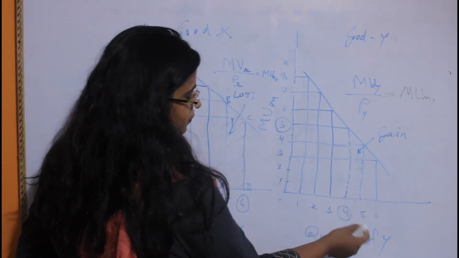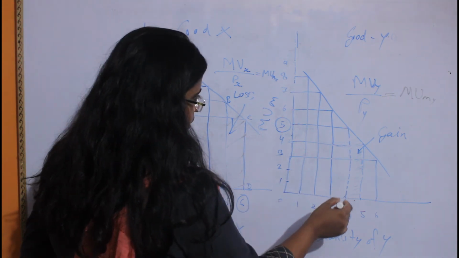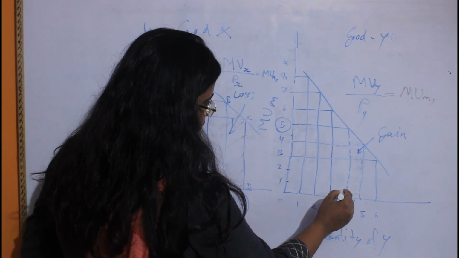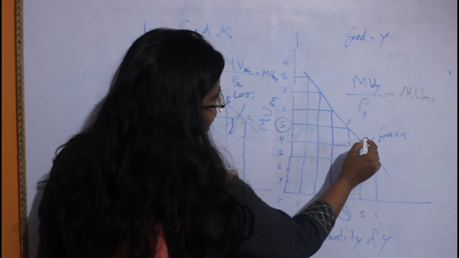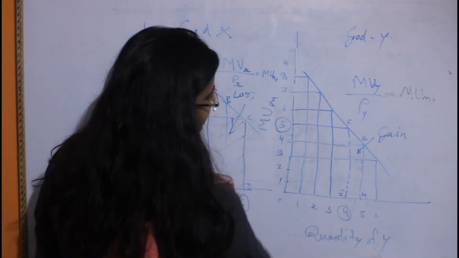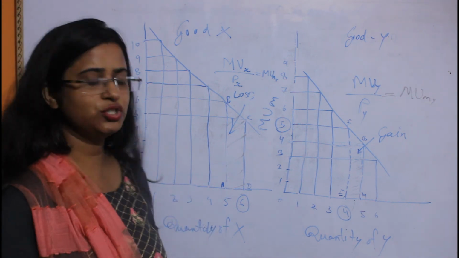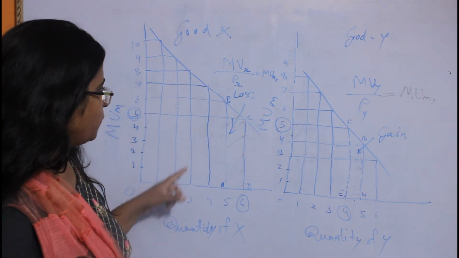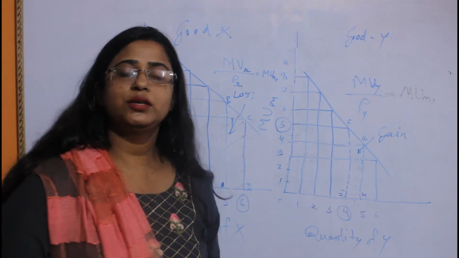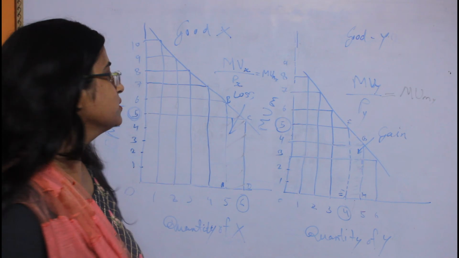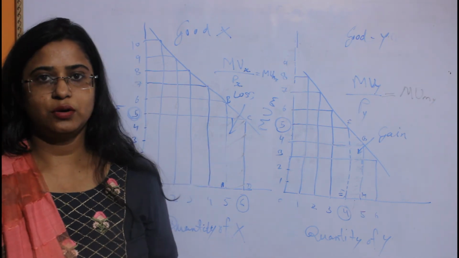So he will consume now 5 units of commodity X. So I will name it E, F, G, H. So the gain in his utility is E, F, G, H. So we can see from the graph that the gain in the utility of the consumer is less than the loss of the utility of the consumer.